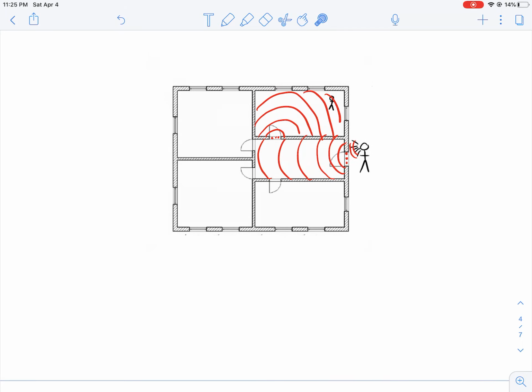But if this man was to suddenly shine, let's say, a flashlight, this man would not be able to see it. Why is that? Well, again, it's diffraction, and it's the size of the opening that matters. Light tends to have an incredibly small wavelength. It can only interact with slits that have a very, very small width.